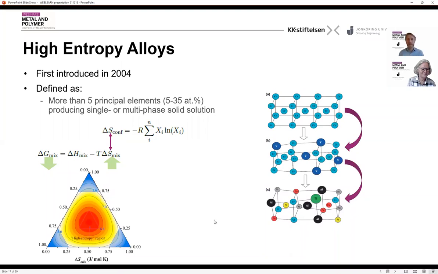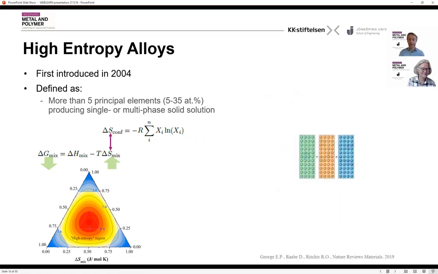And the result of mixing all these elements together can be seen in this schematic: if we substitute a pure, in this example, chrome-based lattice with more and more elements, we get a large amount of distortion of the lattice. And this can lead to some very interesting properties.